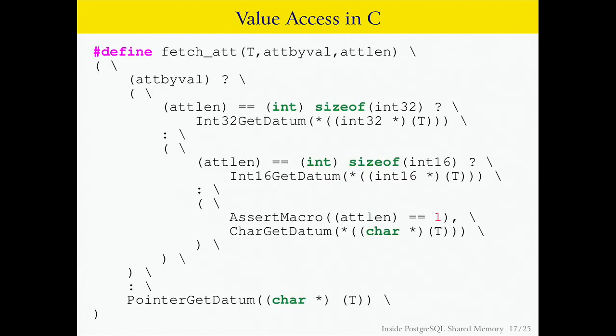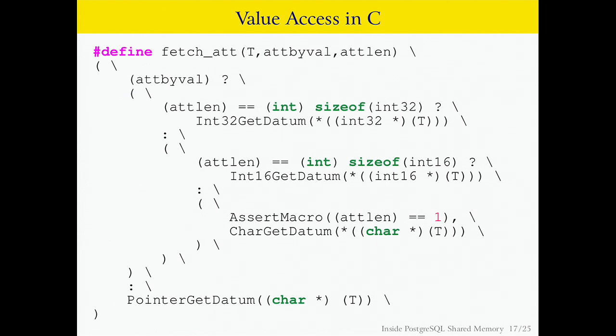And fetchatt, effectively all it's doing is saying, if this is a 32-bit int, just return to me a pointer to that 32-bit int in memory, which happens to match exactly what's in shared buffers. If it's 16-bit, then give me a pointer to that. If not, then give me a character pointer for a single byte. If not, just give me a generic pointer and I'll figure it out. Okay?